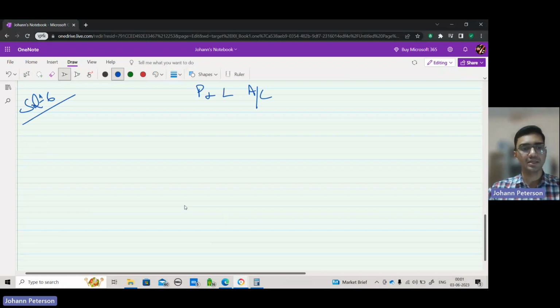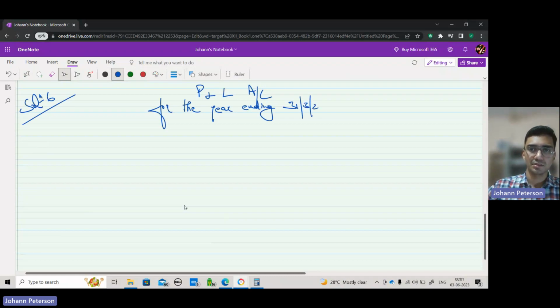Whenever we make a P&L account, it is for the year ending, whichever year is ending. So we have been told we are ending the year in 2023, so 31st March 23.